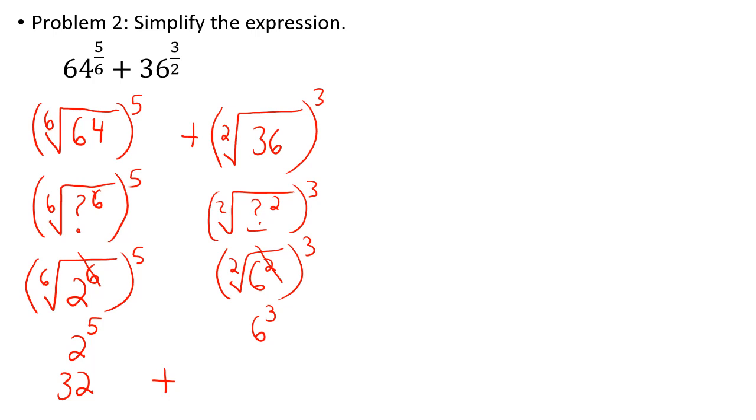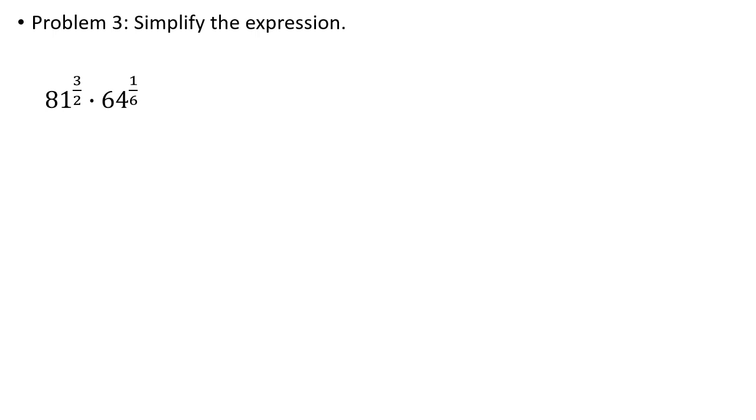And 6 to the 3rd is 216. We add those two numbers together and we get 248. You're just simplifying each one individually and then you add the two numbers together because we had a plus sign.